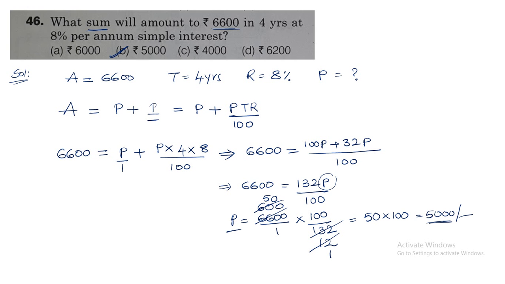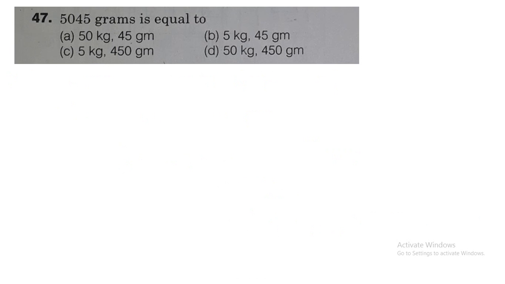Okay, next moving on to question number 7. 5045 grams is equal to, so already we know 1 kilogram is equal to 1000 grams. So 5045 grams means 5000 plus 45 grams.